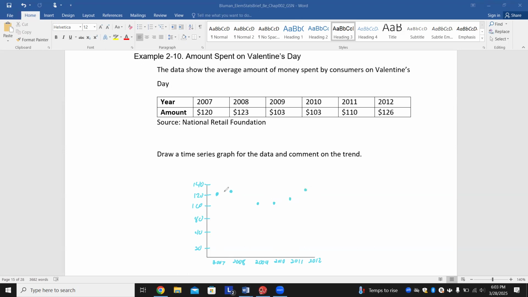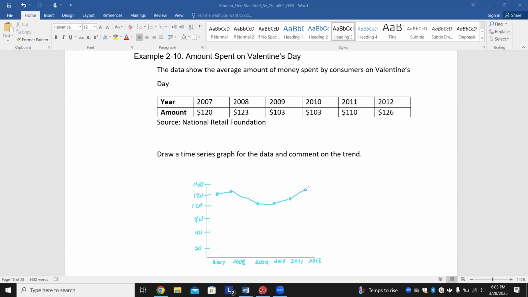So we plotted all of our points, and now we're going to make lines, not curves. There you go. So that would be your time series graph over the years of 2007 to 2012.